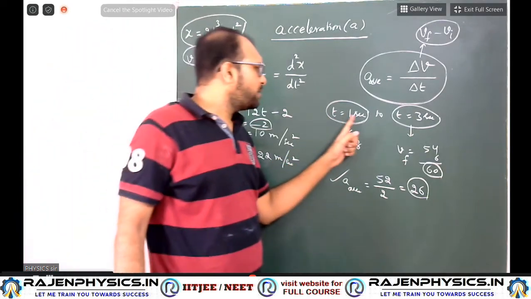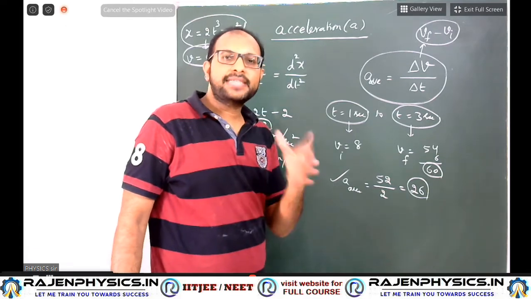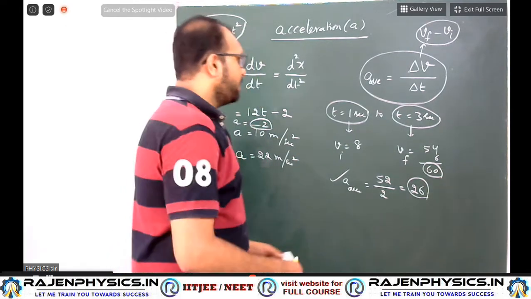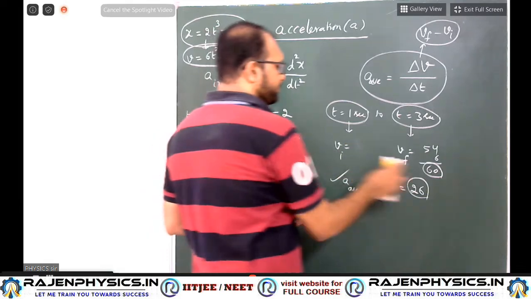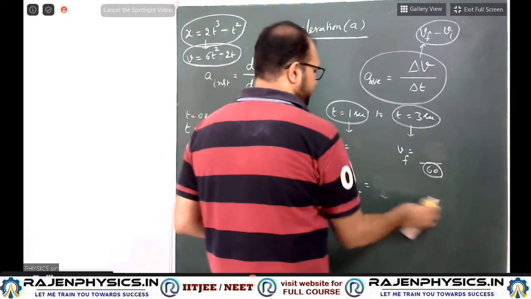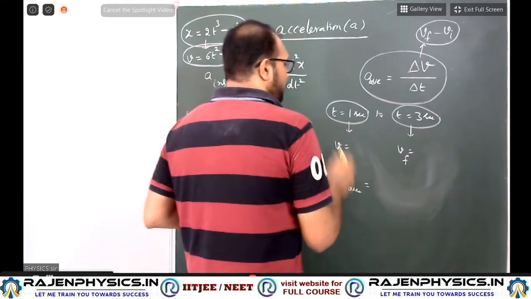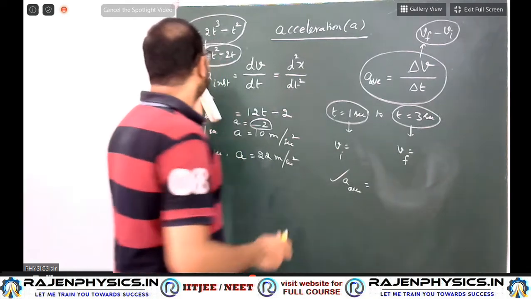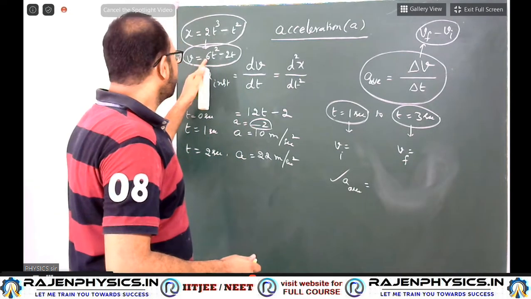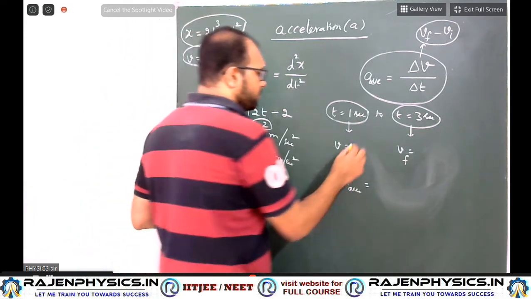Now, t equal to 1 second to t equal to 3 seconds, average acceleration we need. Velocity at t equal to 1 second is 6 into 1 minus 2, that is 4.